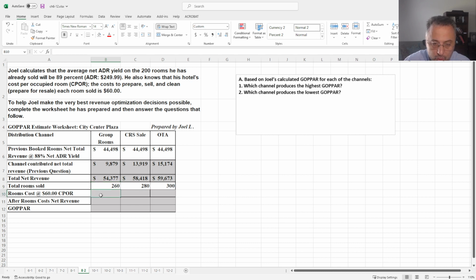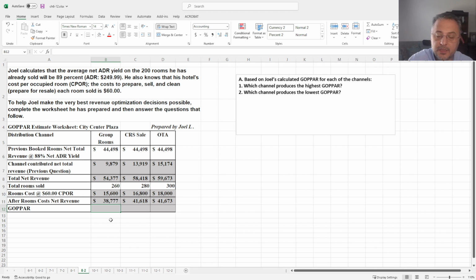Now, if the room cost is $60 per room, we need to multiply room numbers times how much it's going to cost to prepare. Now, what is the after-cost net revenue? This is the total net revenue minus room cost. Now we need to also calculate, of course, gross operating profit per available room, right?